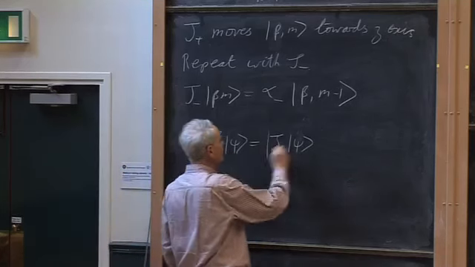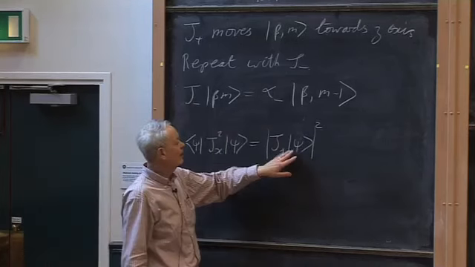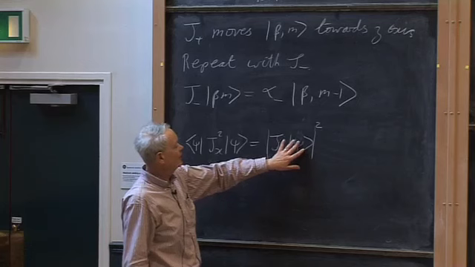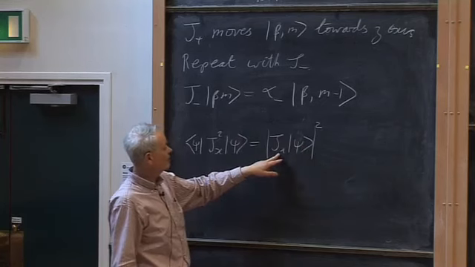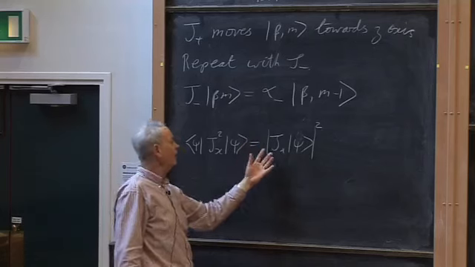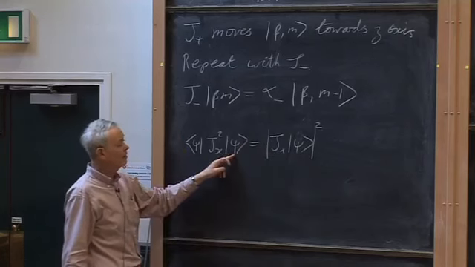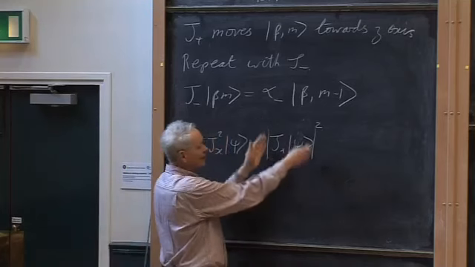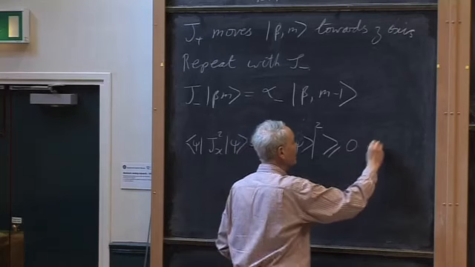It's jx psi mod squared, right? Because if you take the mod square of this, what you're doing is taking the Hermitian adjoint of this, which is jx itself, and multiplying it into this, so you end up with this. And this is the length squared of a vector, so it's greater than or equal to naught for all psi.